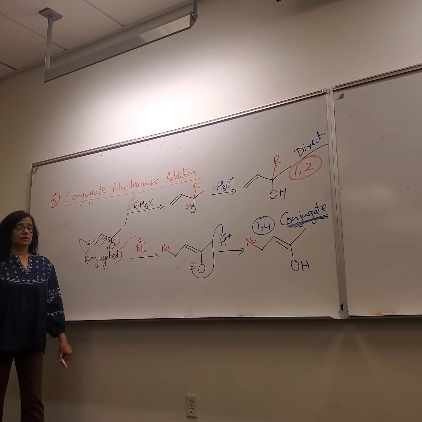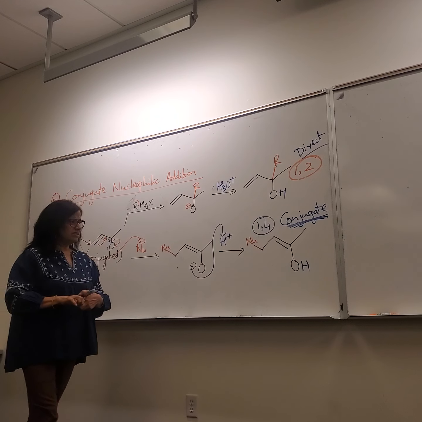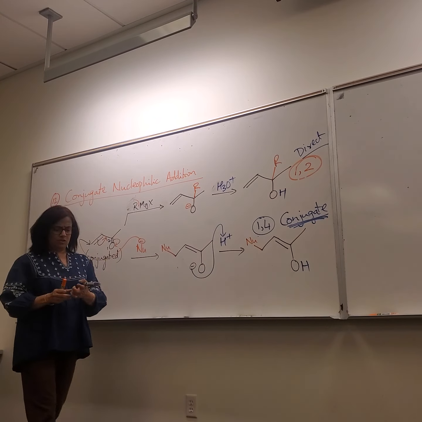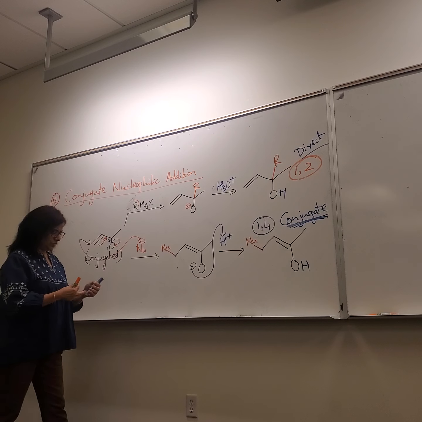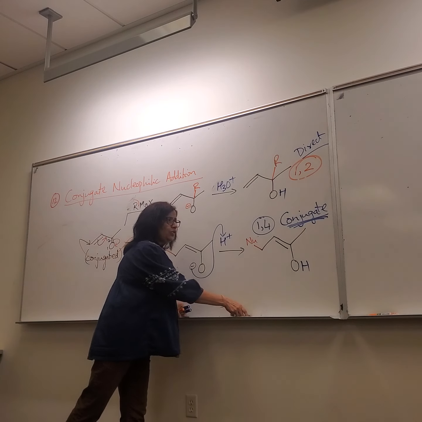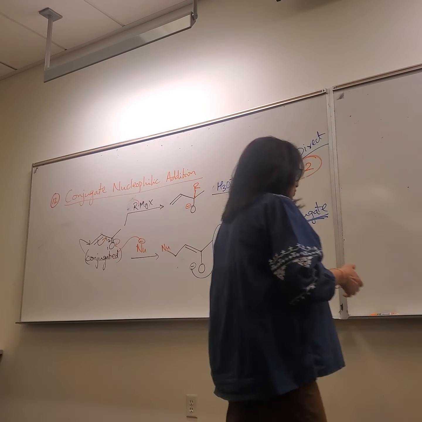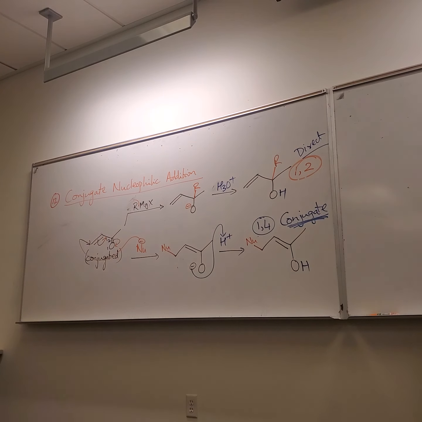Agreed? Okay, now, before we go further though, what does this look like to you? The conjugate addition product, what is that? It's an enol. And what do we already know about enols? Very unstable. They tautomerize. What would the actual product be? Enols are not stable.